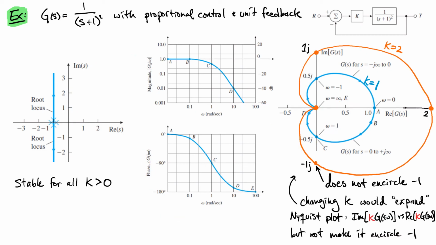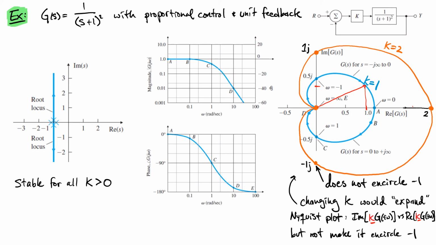All right, so now that you've thought through that, this is what it looks like. Again, this is the magnitude. If we multiply by a value of k that's twice as much, we would expect that both the x, the real part, and the imaginary part are going to double.